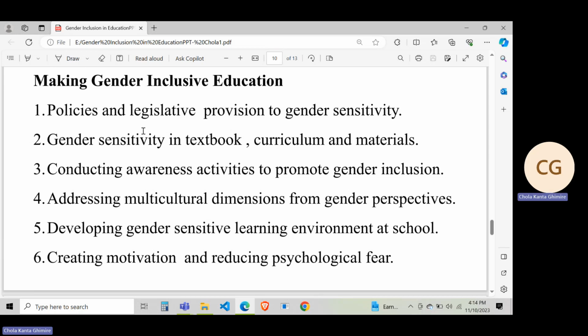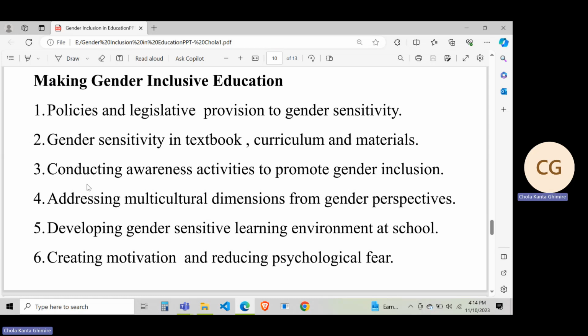Therefore, we may address the sensitivity in textbooks. Similarly, we can find gender issues in curriculum and teaching learning materials. We need to address these curriculum related issues and material issues.